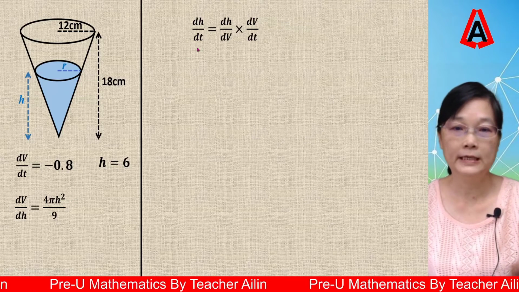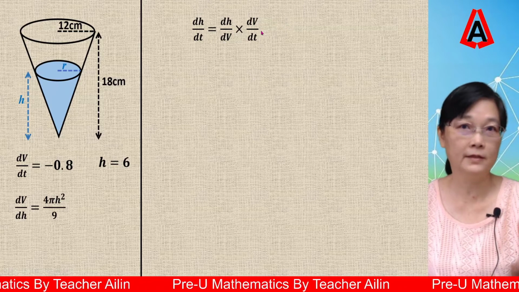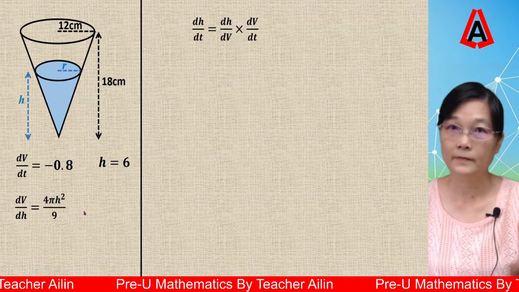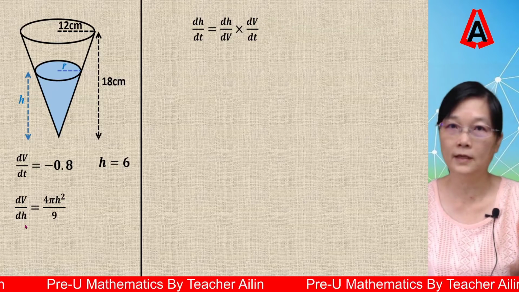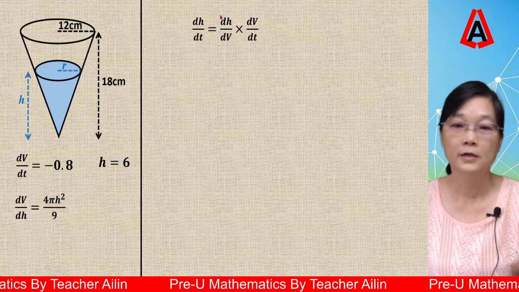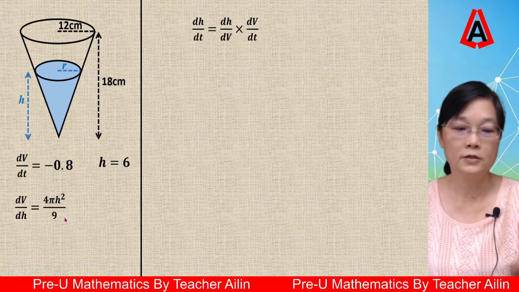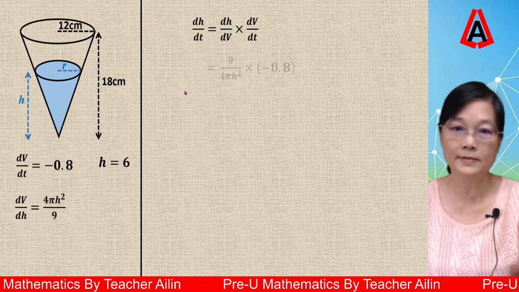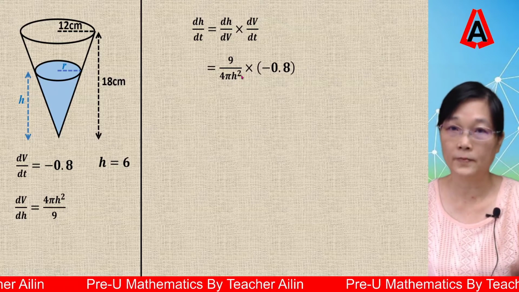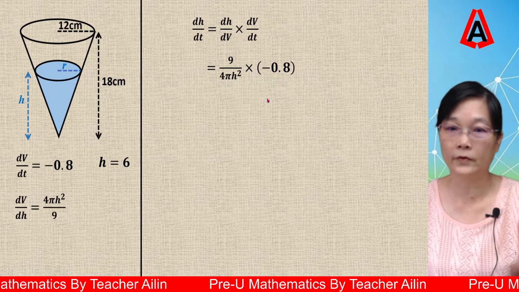So dH/dt is equal to dH/dV times dV/dt. For dH/dV, from the calculation just now, dV/dH is equal to 4πh²/9. Here we need dH/dV, so we need to turn the fraction upside down. It is 9/(4πh²) times dV/dt, which is negative 0.8.